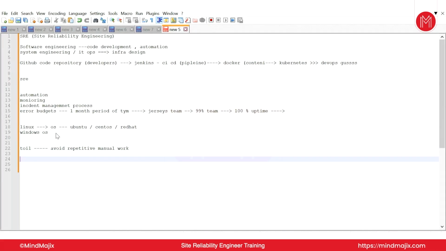That is toil. Next, we have a very important concept: SLA, SLO, and SLI.